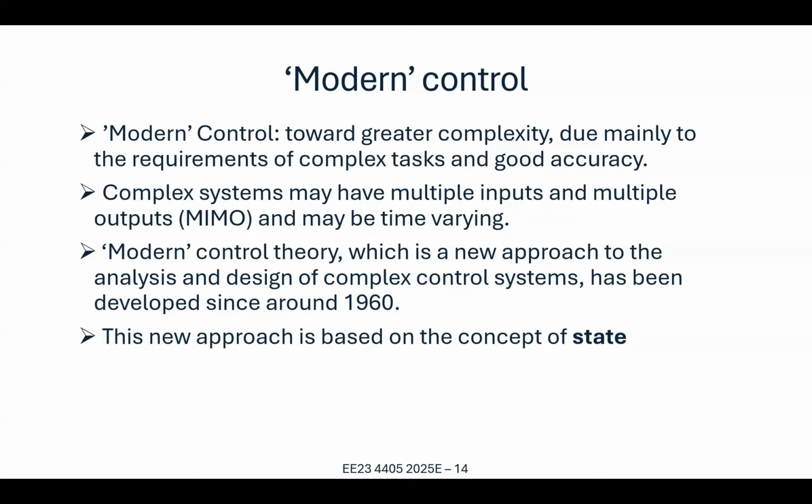And the complex systems here may have multiple inputs and multiple outputs, or MIMO, and may be time varying. And modern control theory is a new approach to the analysis and design of complex control systems.